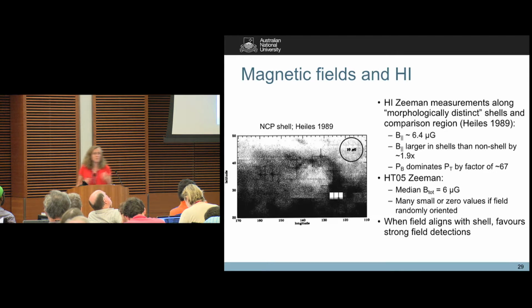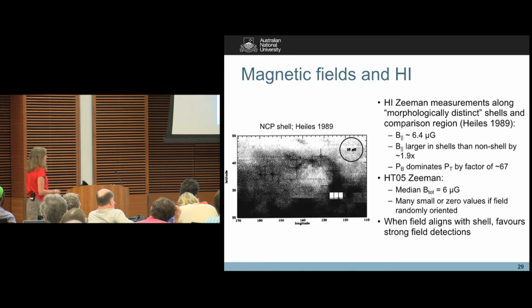But what he was measuring was morphologically distinct shells and then a comparison region, and finding that the magnetic fields were at the sort of magical 6 microgauss level along the line of sight. The parallel component of the magnetic field was larger in shells than in non-shell regions in general, and therefore the magnetic pressure had to dominate the thermal pressure by a very large factor.